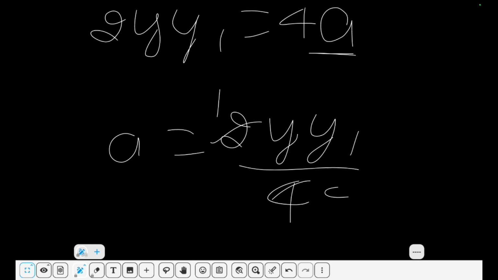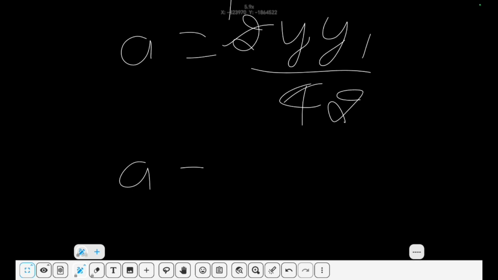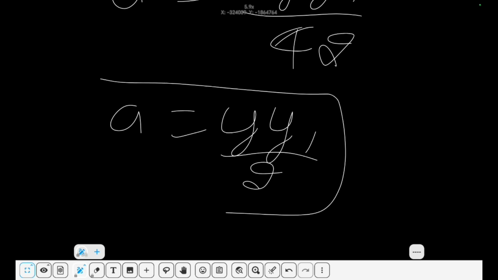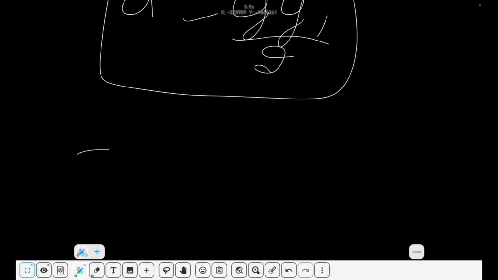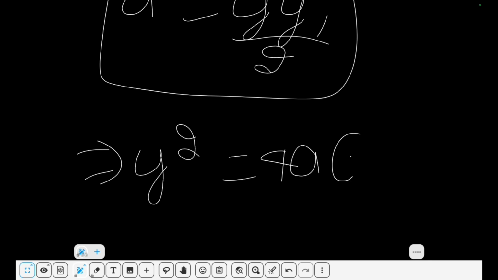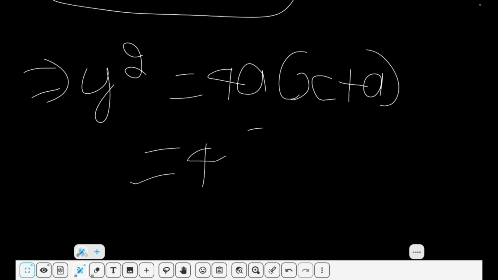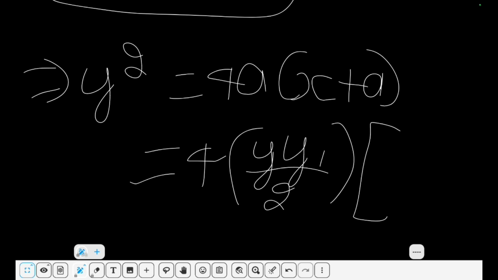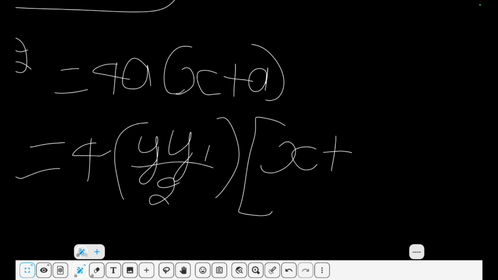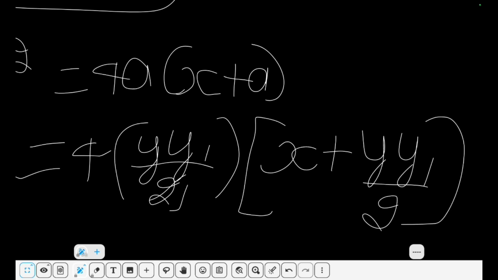2 1s are 2 2s are, right? So my a will be y1 by 2. We got the value of a. Let us substitute in y square equals 4a into x plus a. What's the value of a? That is y1 by 2 into x plus y1 by 2. 2 1s are 2 2s are.